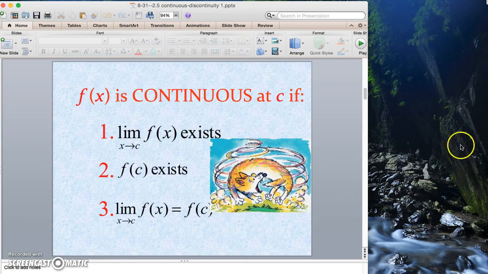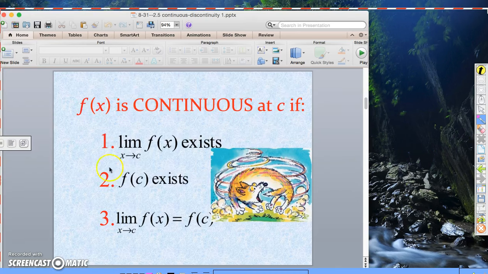The definition says that for any function to be continuous, it must meet three given criteria. Okay? The three criteria are: one, the limit as x approaches the constant, where you need to see if it's continuous or not, of the function exists.